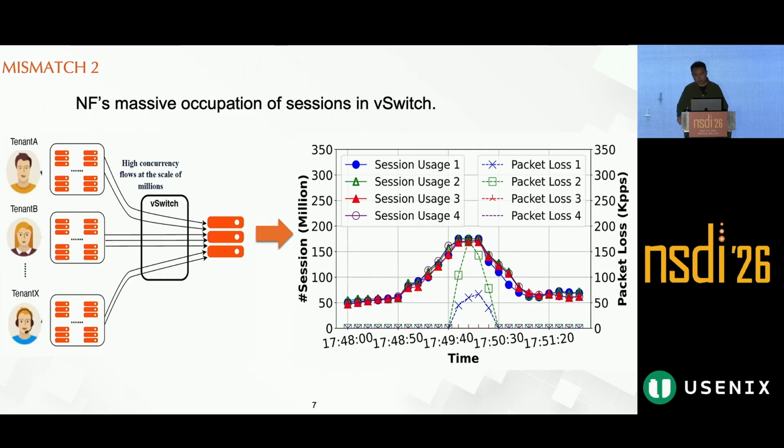Once sessions are exhausted, new flows are dropped, even though CPU, memory, and I/O still have much headroom. Our data shows that in a 4-VM load balancing group, that instance hit 100% session capacity with severe packet loss.